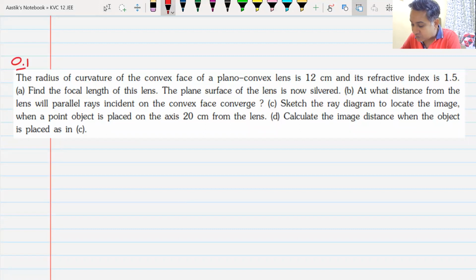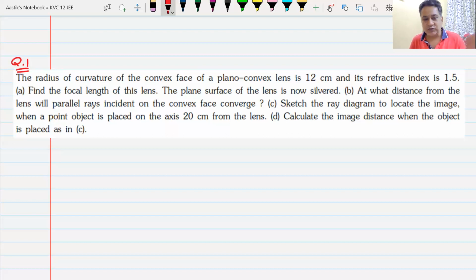This is a problem which is going to test everything that we have studied in the last 3 or 4 classes. The question goes like this: the radius of curvature of a plano-convex lens is 12 centimeters and the refractive index is 3.5. Find the focal length of this lens. The plane surface of this lens is now silvered. At what distance from the lens will the parallel ray incident on the convex face emerge?